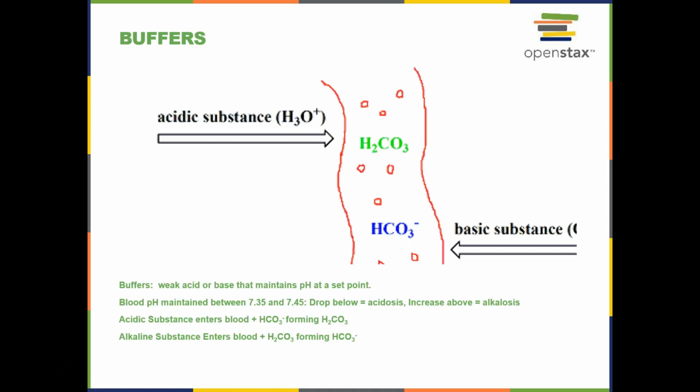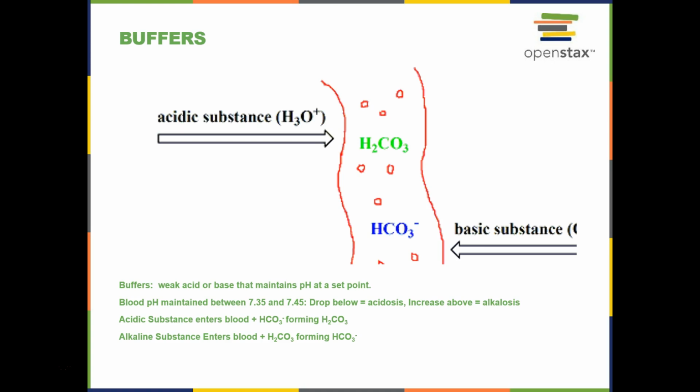So how are we able to maintain our pH? So there's different regions of our body that have different pHs. Our mouth is a more neutral pH. Our stomach is very acidic. And then our blood, like I said, is slightly alkaline. So we have buffers set in place.